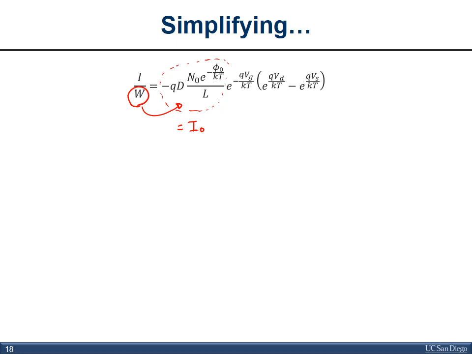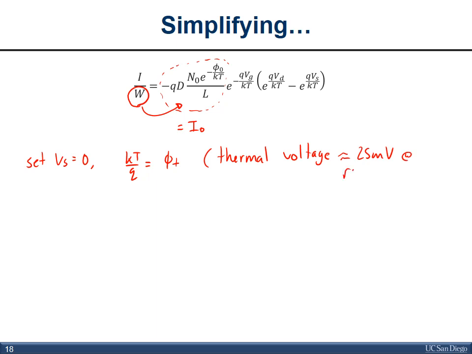Furthermore, just to simplify the analysis here, I'm going to set Vs equal to 0. I'm going to say Kt over Q is equal to phi t. By the way, this should be a familiar parameter to you. This is the thermal voltage, which is roughly 25 millivolts at room temperature.